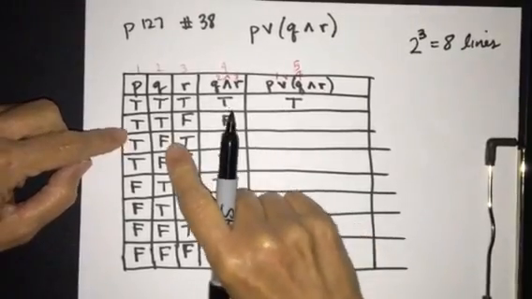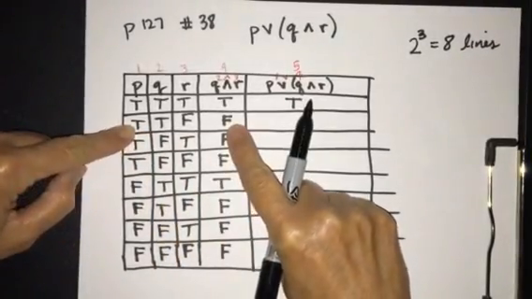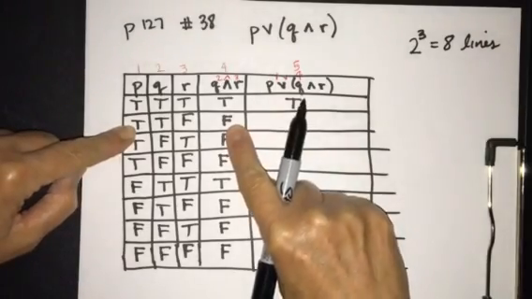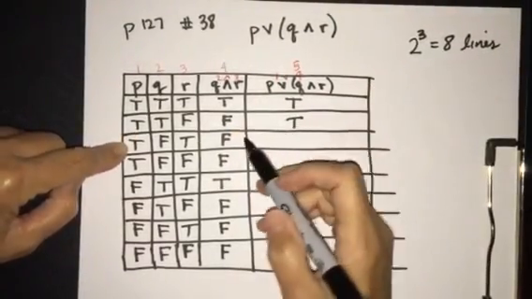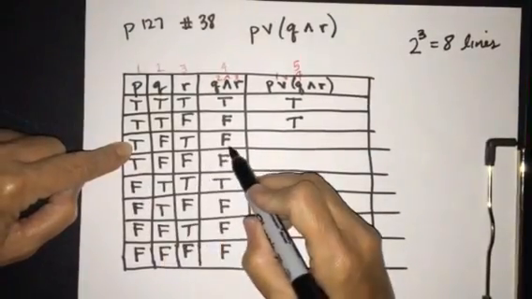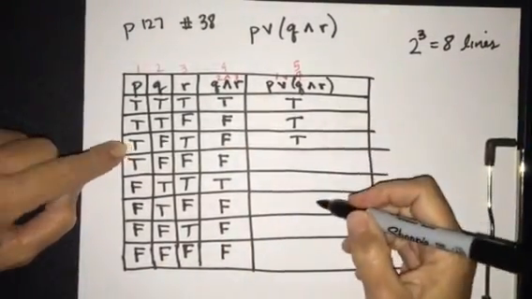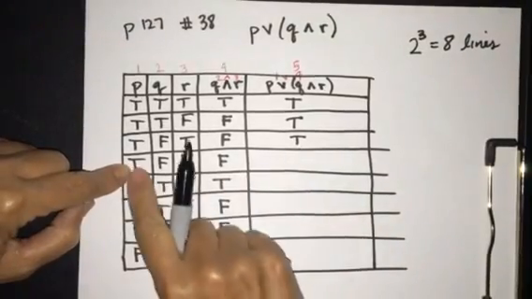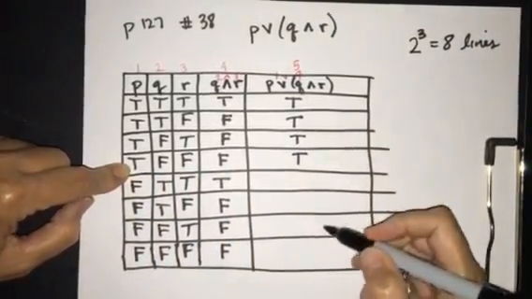It's still true. On the next line, we have T, F. T or F, that is true. On the third line, T or F, that is true. On the next line, T or F, that is true.